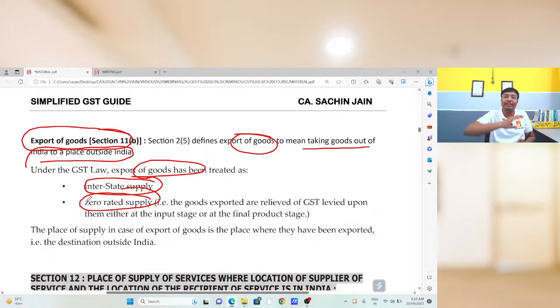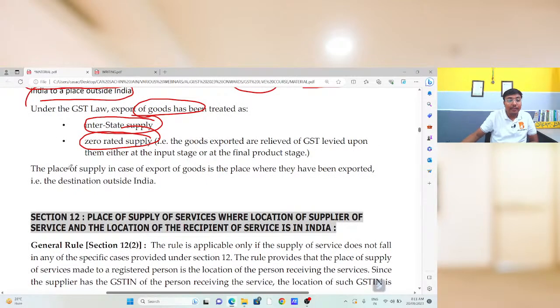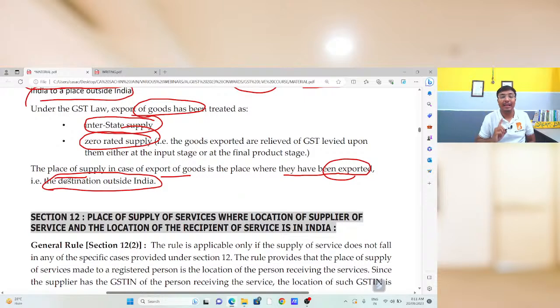We had already discussed, whenever goods are exported or sent outside India, that will be treated as export if the consideration is received in forex, foreign currency. In that case, that supply will be treated as interstate supply and the tax rate will be 0%. The place of supply in case of export of goods is the place where they have been exported, that is, the destination outside India, and accordingly IGST should be charged, but the rate of GST will be 0%.